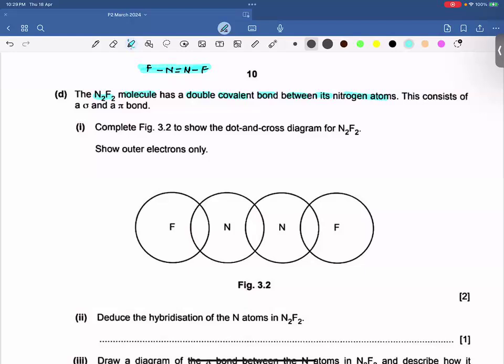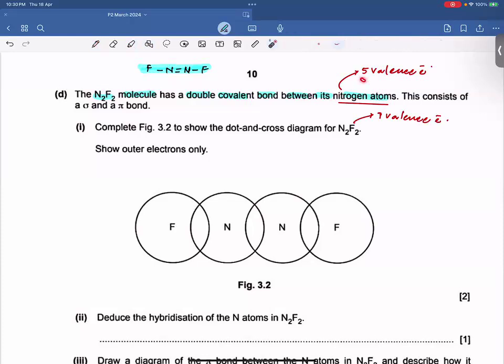Also, one more thing. Nitrogen belongs to group 15, so it has 5 valence electrons, right? Similarly, fluorine belongs to group 17, so it has 7 valence electrons.